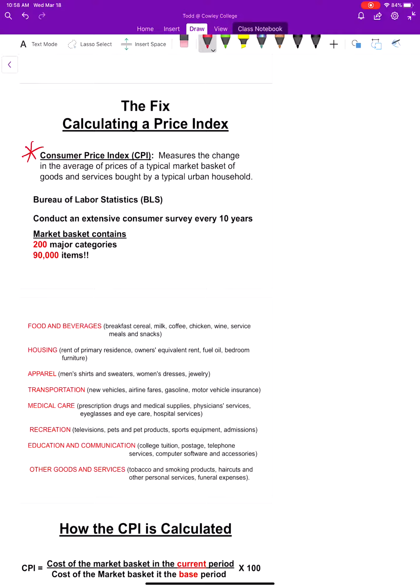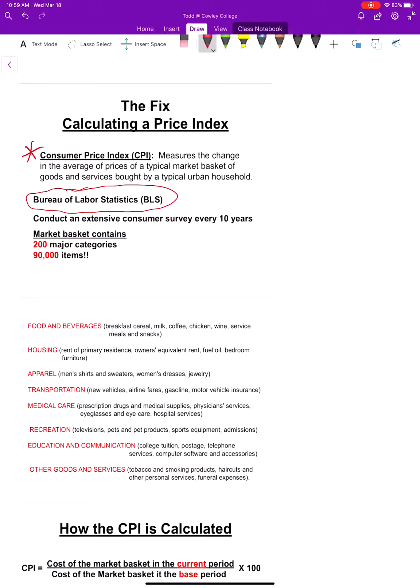Guys, on a side note, when you have a government definition that has a lot of typicals in it, typically you're going to be in trouble before you ever get started. And as it turns out, there are some problems with the Consumer Price Index that we will talk about a little bit later. But studies have shown year after year that the Consumer Price Index actually does a very good job of looking at these changes in prices. The government agency responsible for measuring the Consumer Price Index is the Bureau of Labor Statistics, or from now on the BLS.